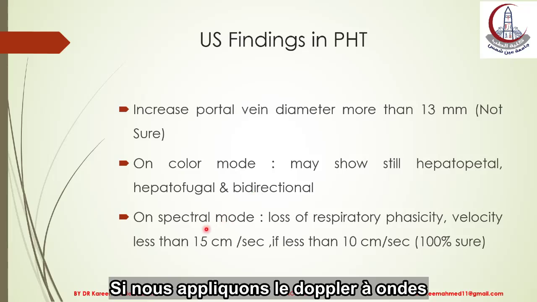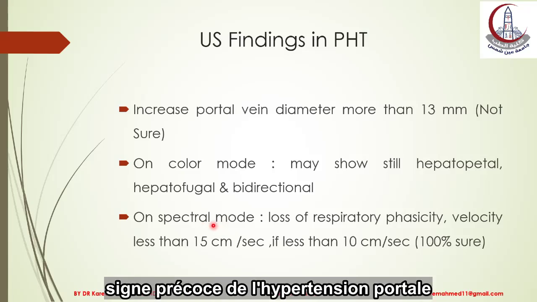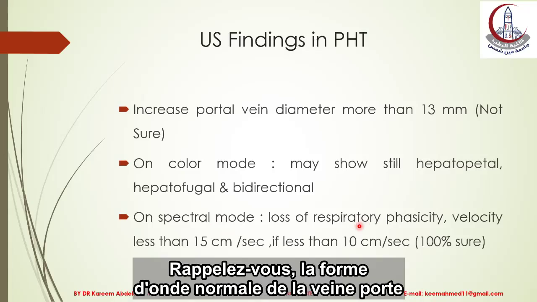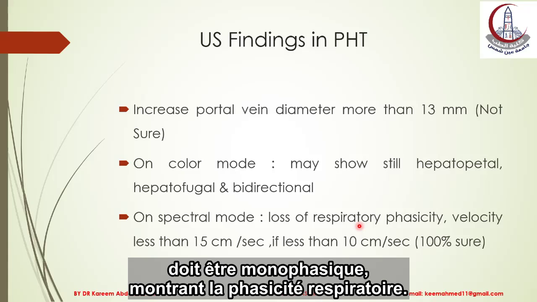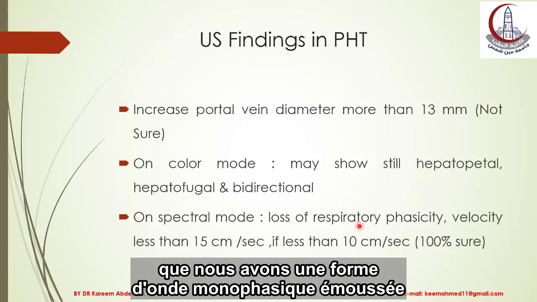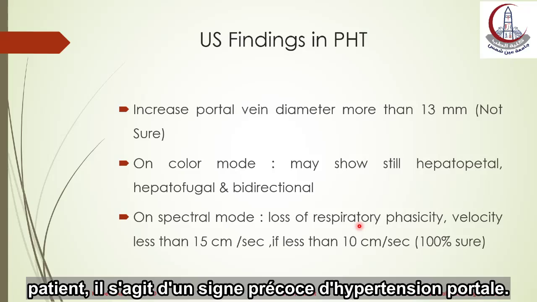Okay? Now, if we apply pulsed wave Doppler on the portal vein, the first early sign you will see in portal hypertension is loss of the respiratory phasicity. Remember, the normal portal venous waveform should be monophasic, showing respiratory phasicity. If we lose this respiratory phasicity and we have a blunt monophasic waveform that does not change with the patient's respiratory cycle, this is an early sign of portal hypertension.